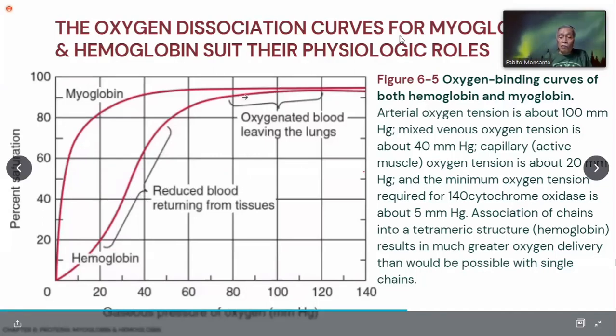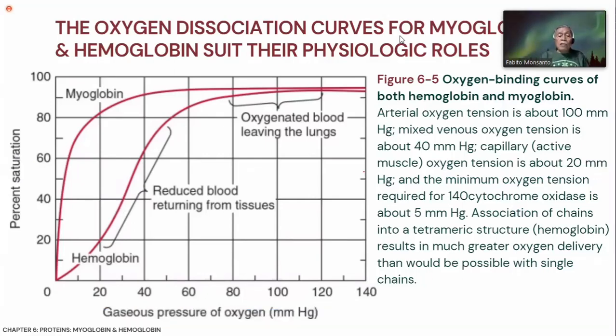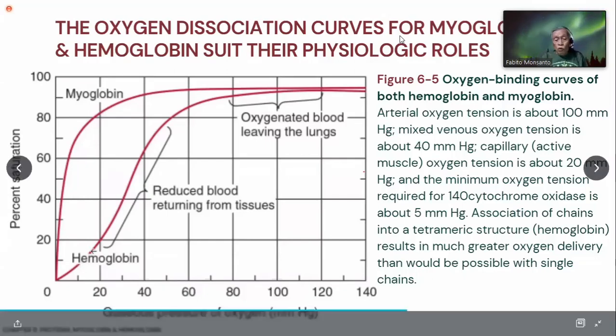So that the curve is like this, sigmoidal. Okay. This is a characteristic of enzymes that are made up of more than one subunit: 2 subunits, 3 subunits, 4 subunits. You can say a dimer, a trimer, or a tetramer. Okay.